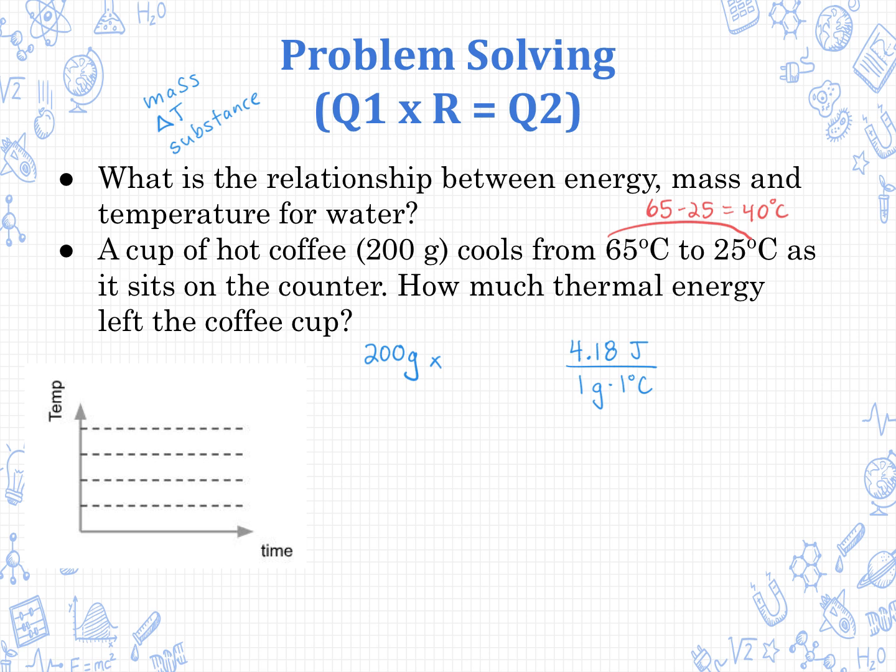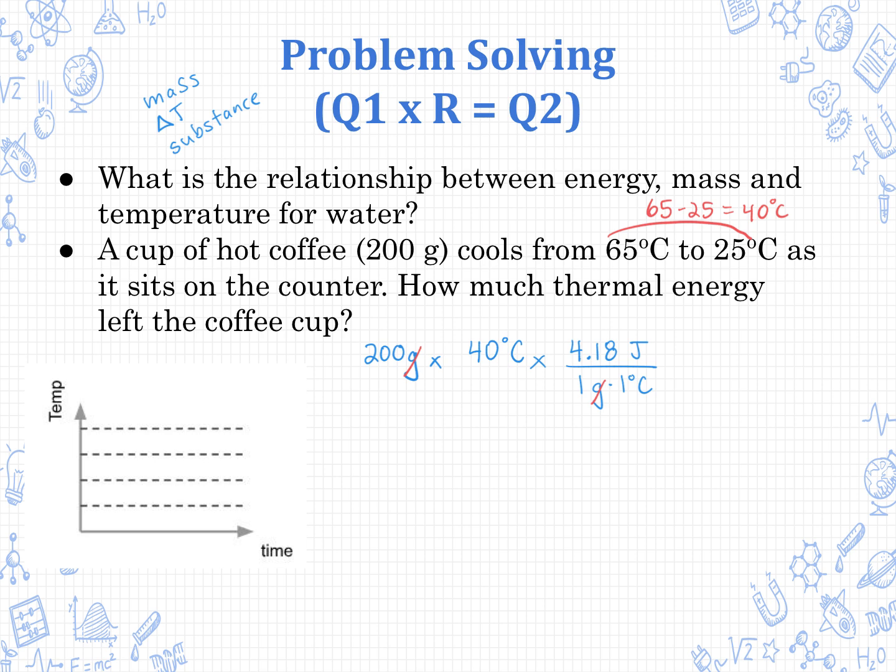So since the temperature is changing 40 times as many degrees, we also need to multiply by 40 degrees Celsius. And notice, just like the first chapter, if we've got in our relationship grams on the bottom, we're going to multiply by grams because we don't want grams in our answer. We just want how much thermal energy in joules, the unit of energy, do we need to use.